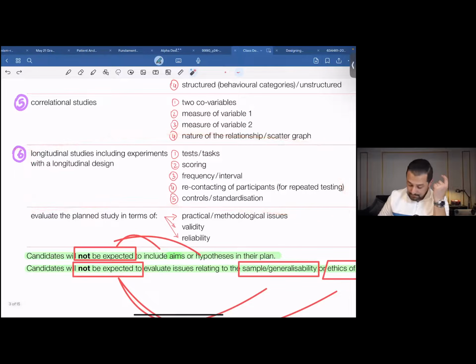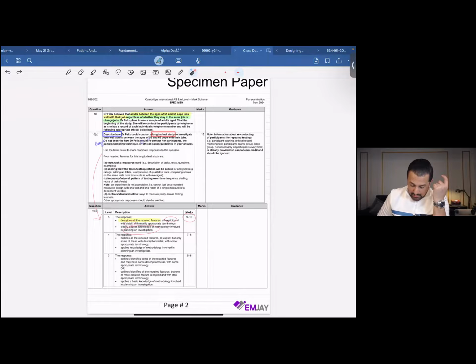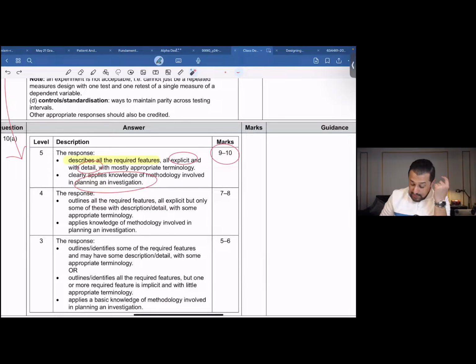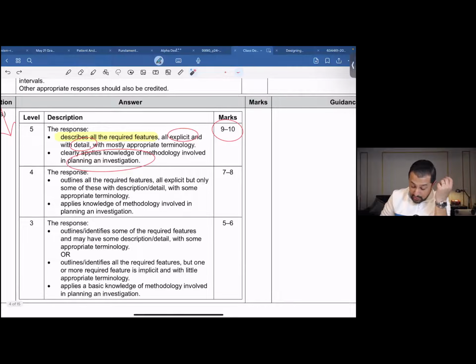So the response: describe all the required features, all explicit and with detail, right? You are expected to describe all the required features in an explicit manner with detail, with mostly appropriate terminology.